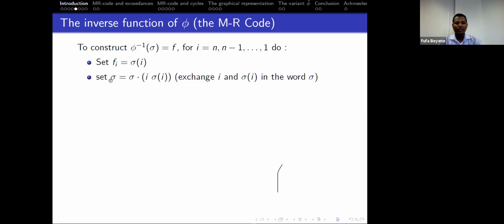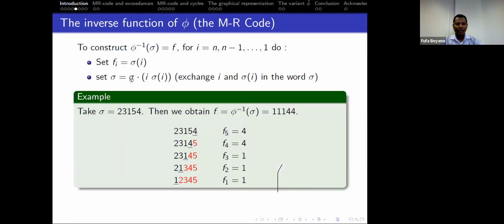The second step is sigma equals sigma times the transposition (i, sigma of i). This means you simply swap the image of i and i in sigma as a word.